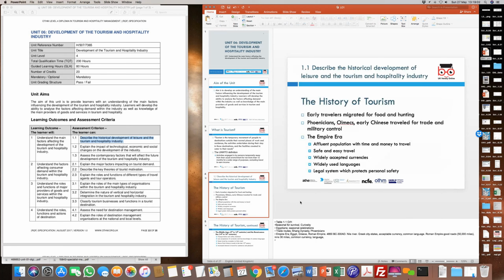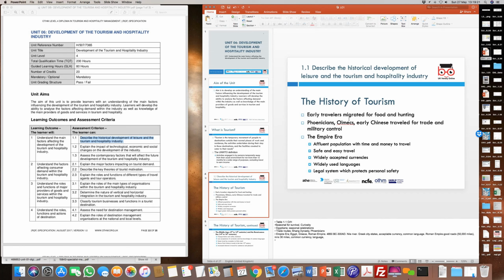Okay, good stuff. Now, going into some of the slides which primarily will cover your task 1.1, it talks about looking at the historical developments of tourism and how it originated over the years. So what I've done is I've summarized this into a couple of slides.